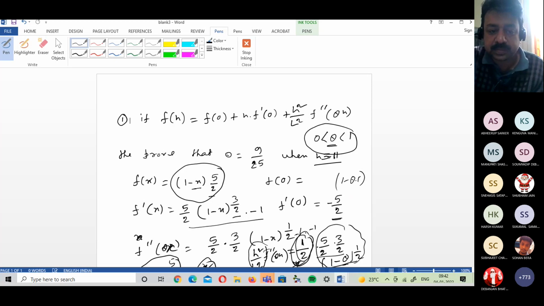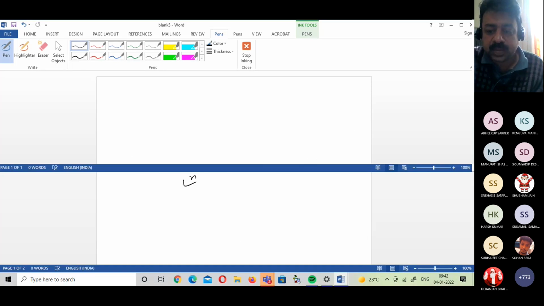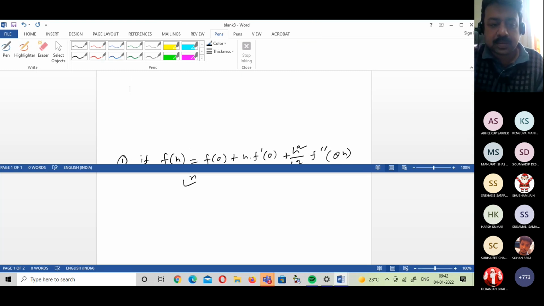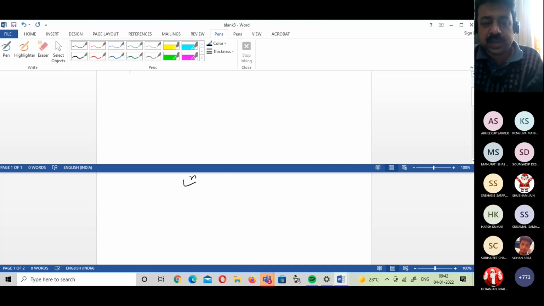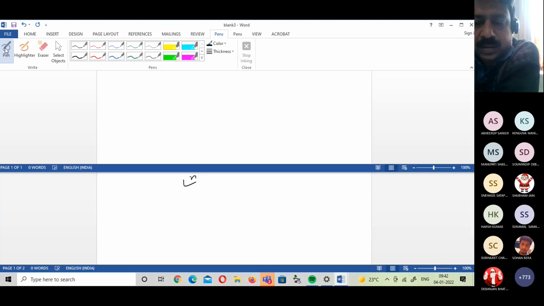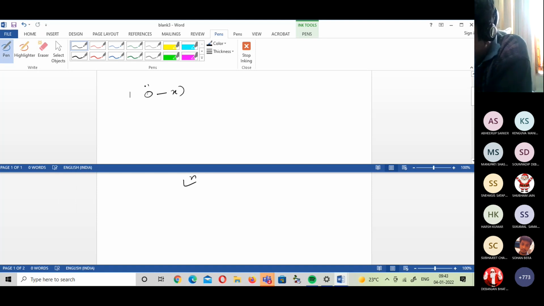This point I am discussing. One minute. This is known as Maclaurin's expansion, where the interval you have taken is 0 to x. Then a is 0, b is x.